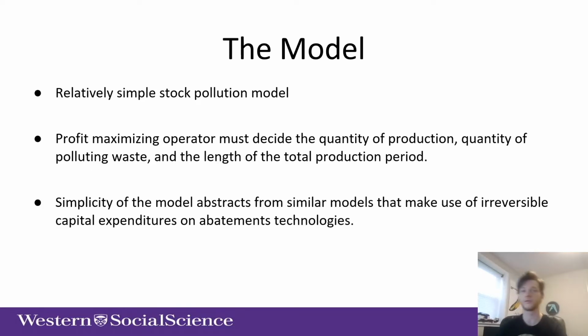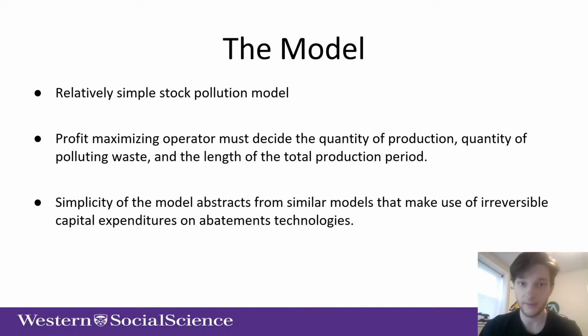The model proposed in the paper is a relatively simple one for resource extraction. It deals with an operator who is presumed to be profit maximizing. The operator has three decisions to make in the model: the quantity of production, the quantity of polluting waste, and the length of the total production period. Those are the only three decisions the operator can make.